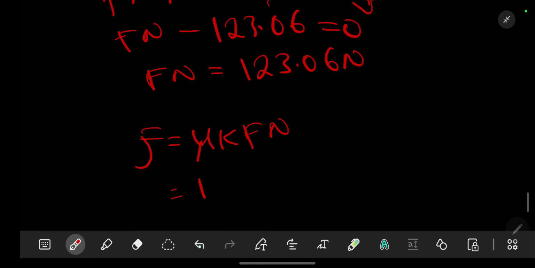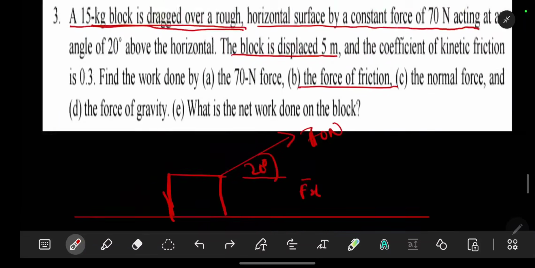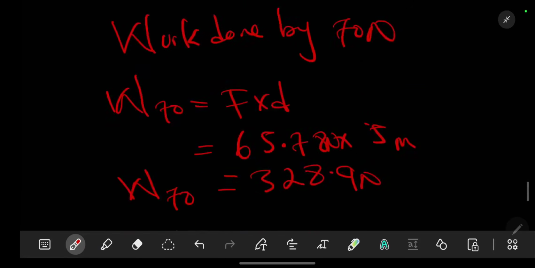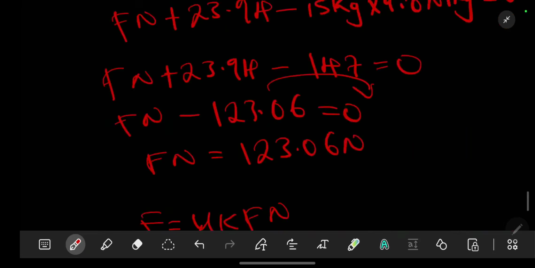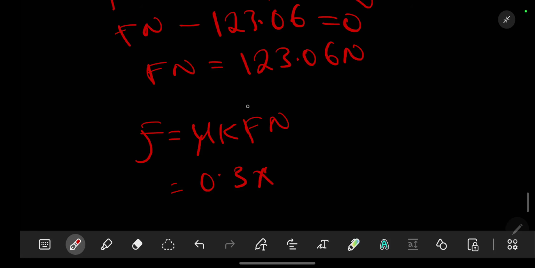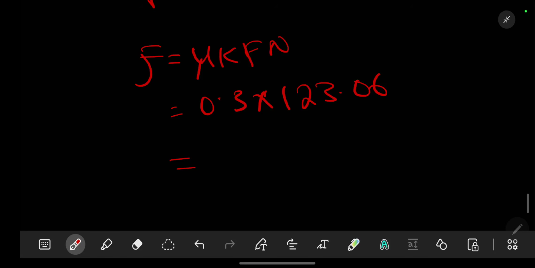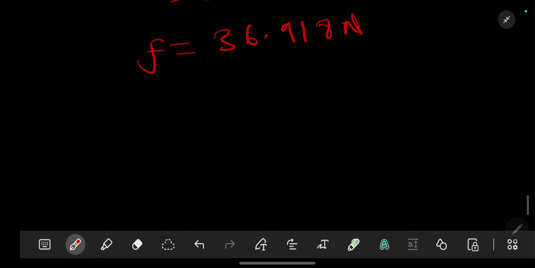The coefficient of kinetic friction is 0.3, so 0.3 times 123.06 gives us 36.918 newtons. Finally, we have our frictional force.